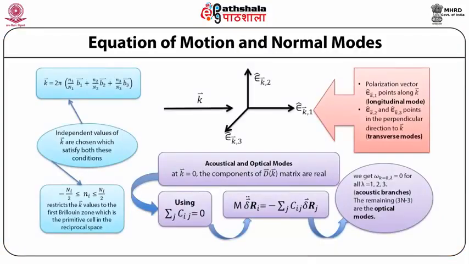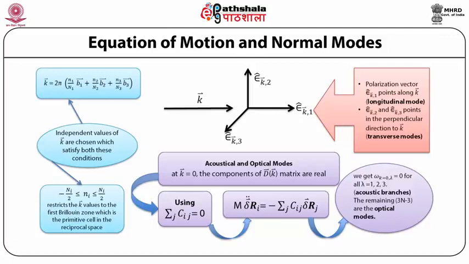So in this slide the previous equation is rewritten, that is the vector k is 2 pi multiplied by small n1 divided by capital N1 b1 vector plus small n2 divided by capital N2 b2 vector plus small n3 divided by capital N3 into b3 vector. Now only k values within a single primitive cell of the reciprocal lattice give distinct solutions.